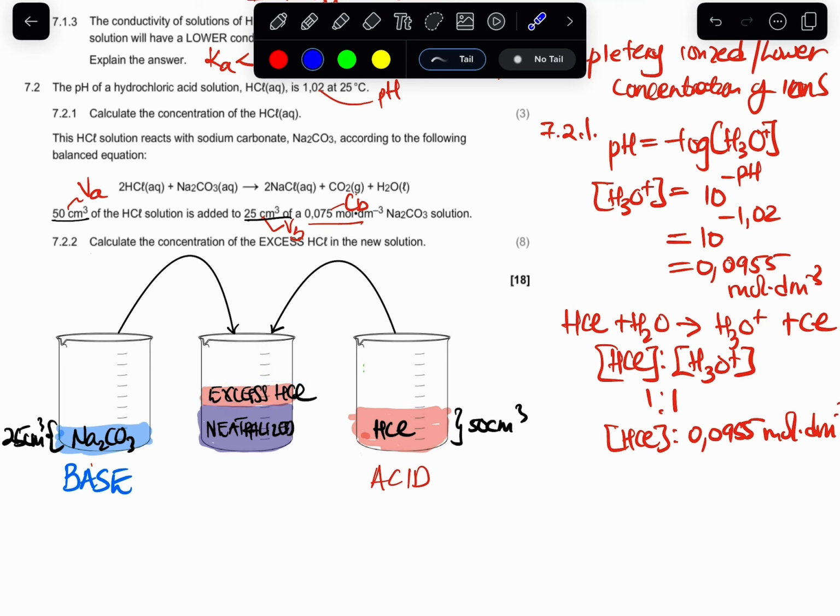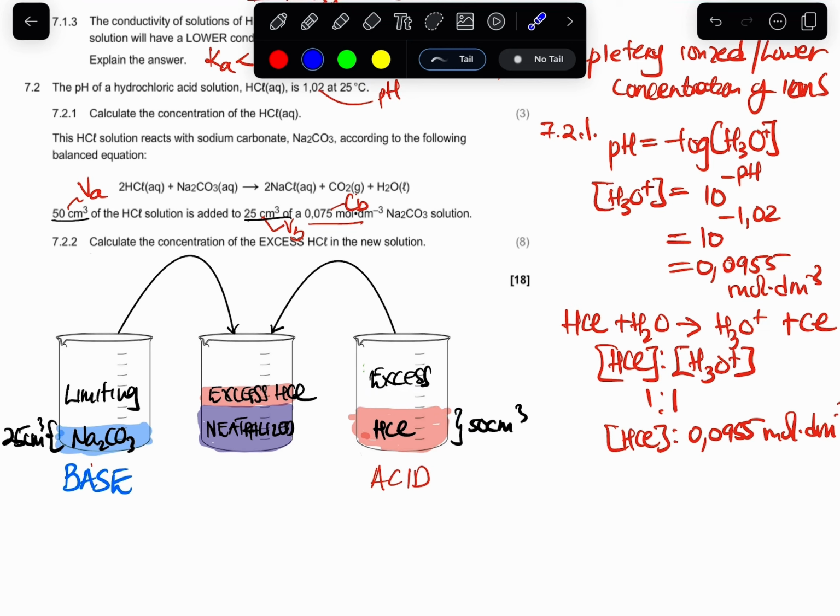Remember guys, as I've mentioned earlier, out of each of these there will be an amount that will react. But this one will react completely with a portion of this. So we can conclude that this sodium carbonate is the limiting reagent. It will be used up completely. This one is in excess. It's not going to be used up completely. There's a portion of it that will remain, and we want the concentration of that portion that will remain.